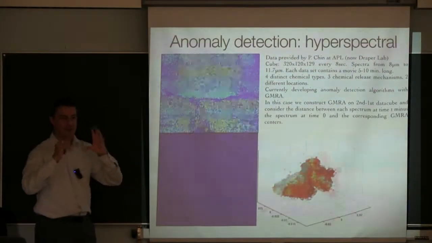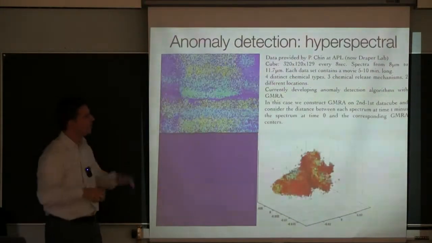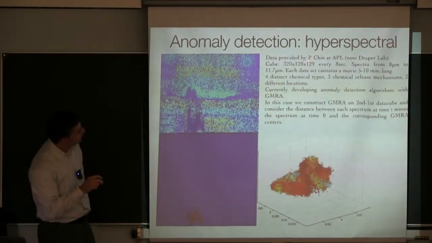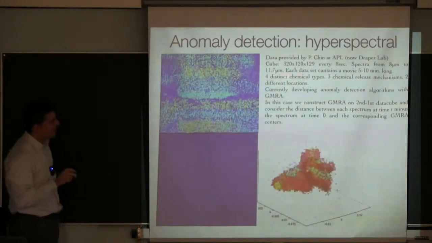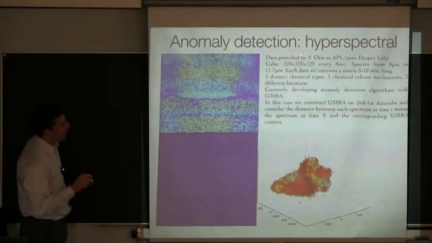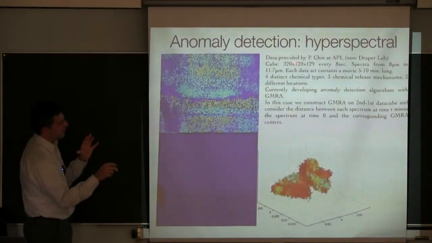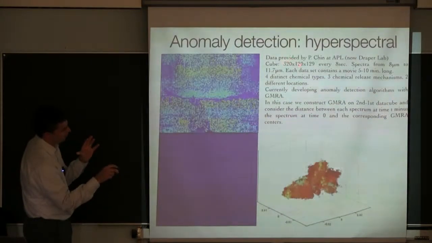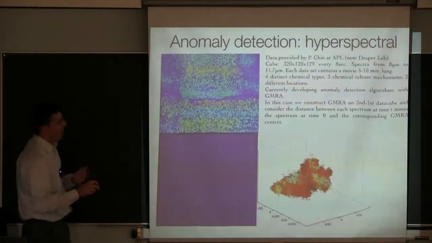So it's a movie, and each frame is a 3D data cube, X, Y, spectrum. It's a lot of numbers every 8 seconds coming in. And you can think that every frame, every hyperspectral cube, is a point cloud with about 300,000 pixels in 128 dimensions.